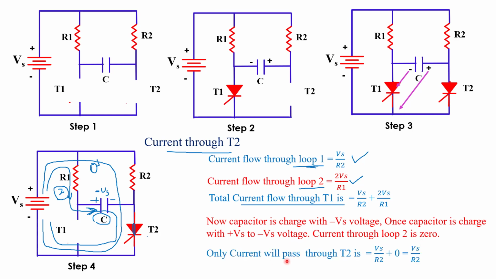This time the only current passing through the T2 thyristor is through resistor R2 from loop 1, that is Vs by R2. Loop 2 current is 0, so the total current through the T2 thyristor is Vs by R2. The polarity across the capacitor this time is: left side plate is positive and right side plate is negative, and the capacitor is charged with minus Vs voltage.